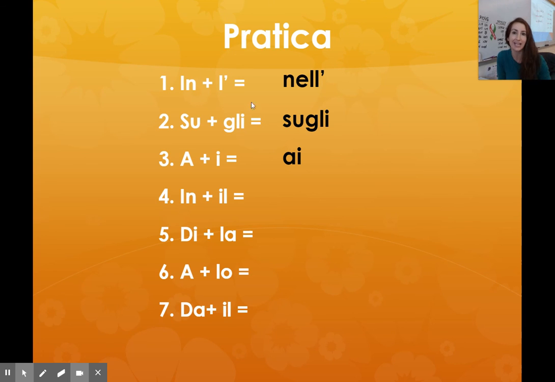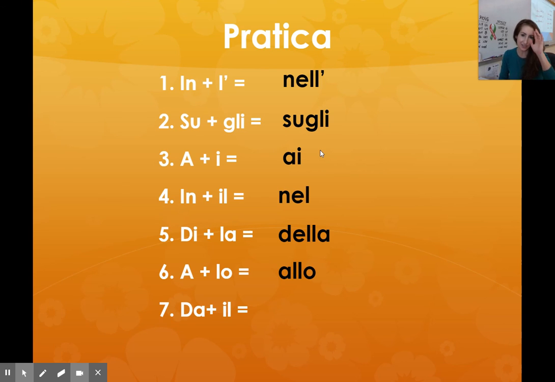In il, again, like numero uno, in changes to nel. Un L, one L, no apostrofo. Di la changes, not dilla, but della. Allo, allo. Sounds better when it's combined, I think.